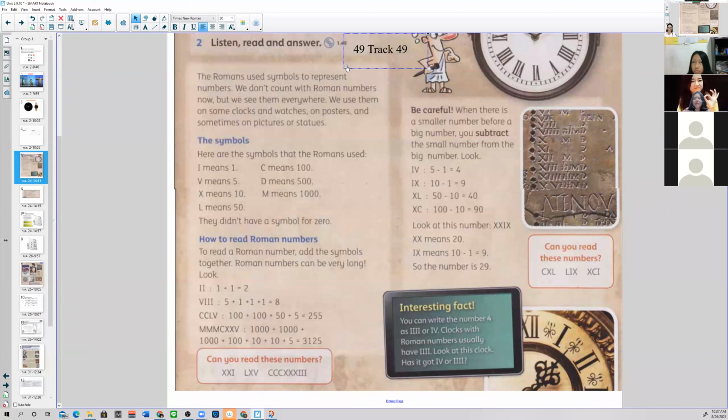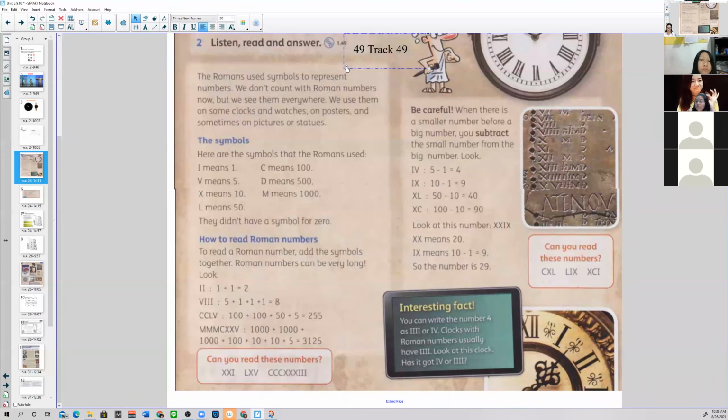Look. 1 plus 1 equals 2. 5 plus 1 plus 1 plus 1 equals 8. 100 plus 100 plus 50 plus 5 equals 255. 1000 plus 1000 plus 1000 plus 100 plus 10 plus 10 plus 5 equals 3,125.